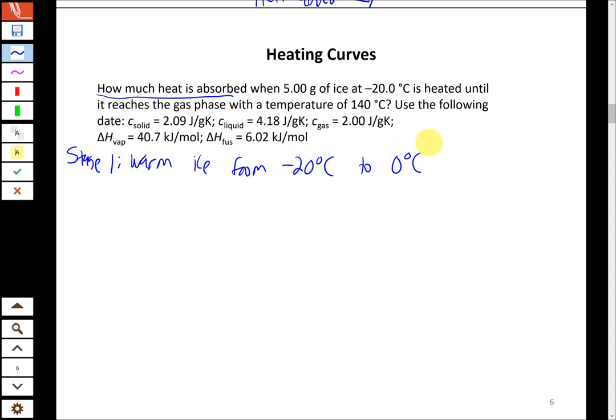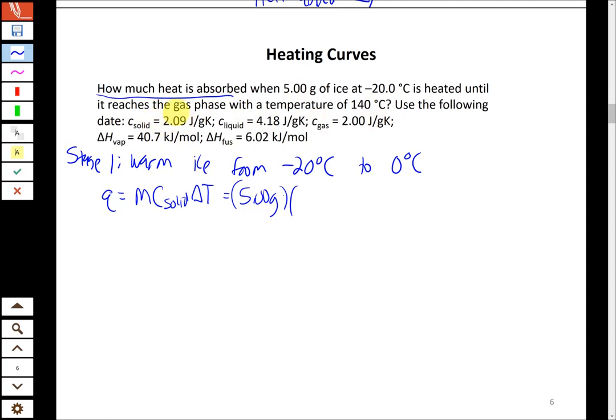So the heat for this first stage, for any stage where we're just warming up a single phase, is going to be MC delta T. We just have to make sure that we use the right specific heat capacity this time for the solid, because we're in the solid phase at this temperature. So we have 5 grams of ice, and we gave you here 3 different specific heat capacity values. As I said, they're all different from each other.